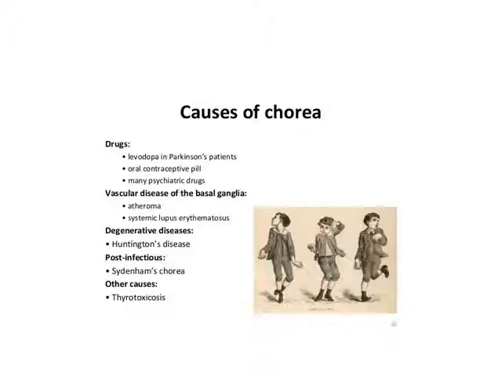We have vascular disease of the basal ganglia, like atheroma or systemic lupus erythematosus, SLE. As we said, Huntington's disease, which is a degenerative disease, post-infectious, Sydenham's chorea, and thyrotoxicosis.